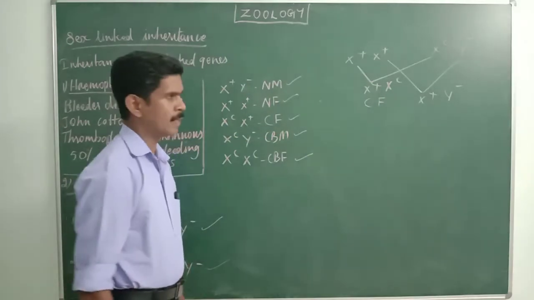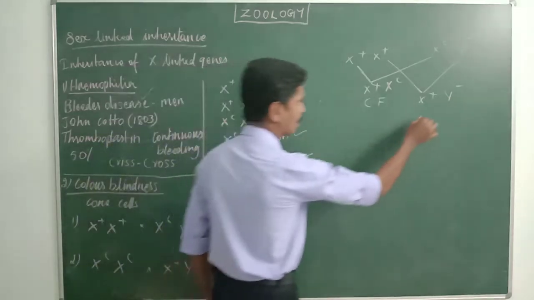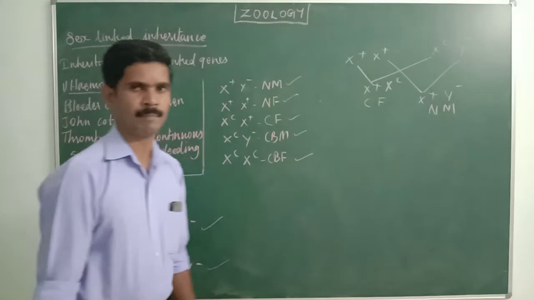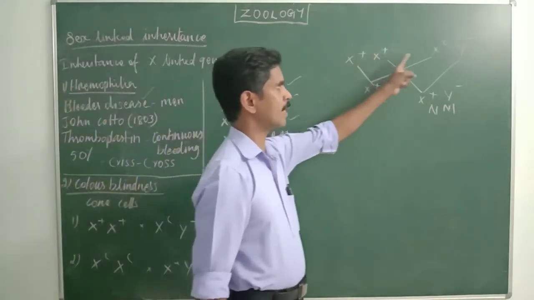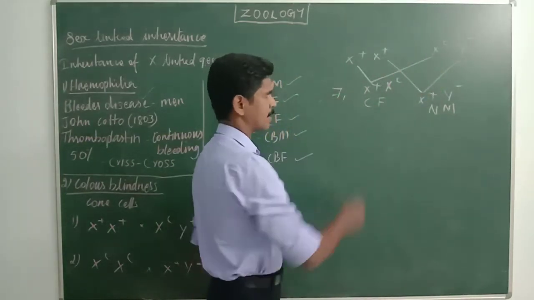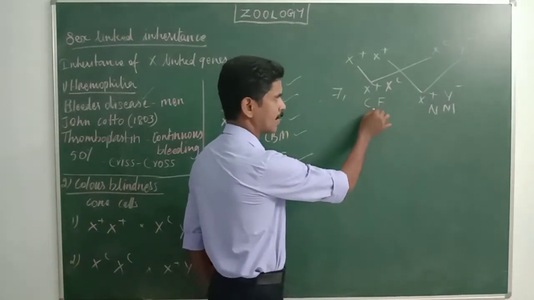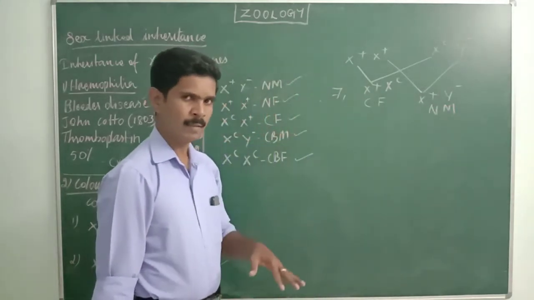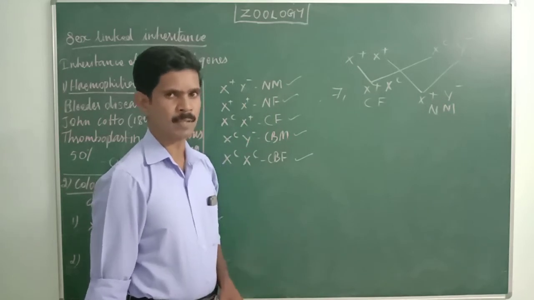X plus Y minus is the normal male. So when a normal female marries a colorblind male, in the F1 generation there is a possibility of getting a carrier female and a normal male.